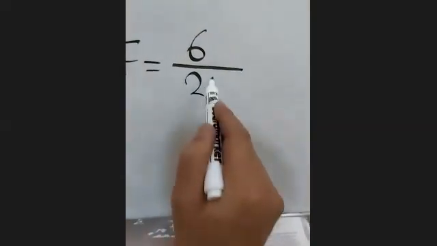Let's add the total. 6 plus 5, 11. Plus 13, 24. So 6 over 24. The question said to express it in simplest form.